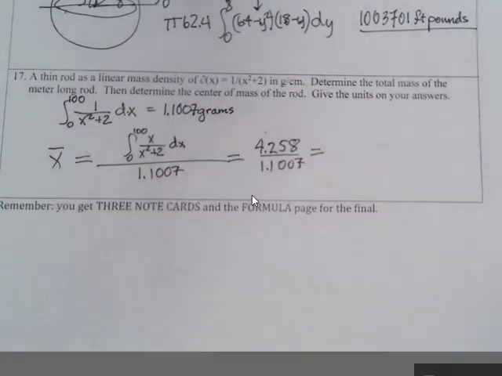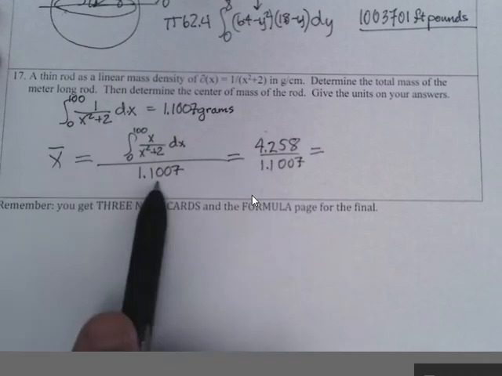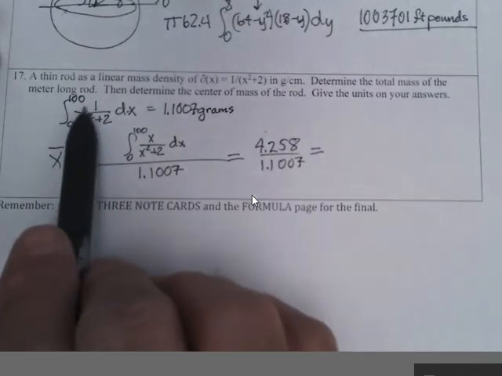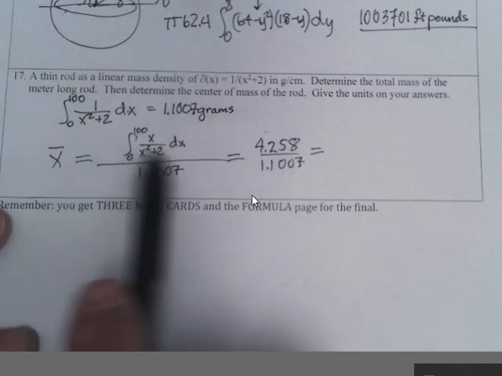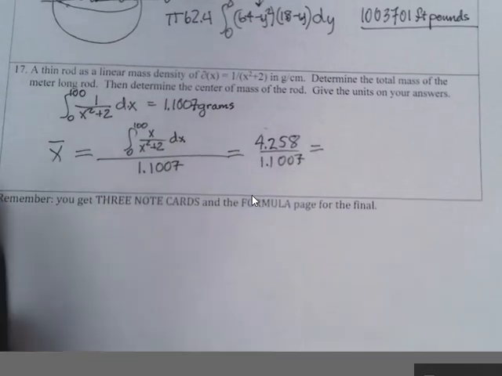Okay, so it's the density with an extra x in it for the twist, the lever arm for each of those little pieces. That's how you find center of mass.